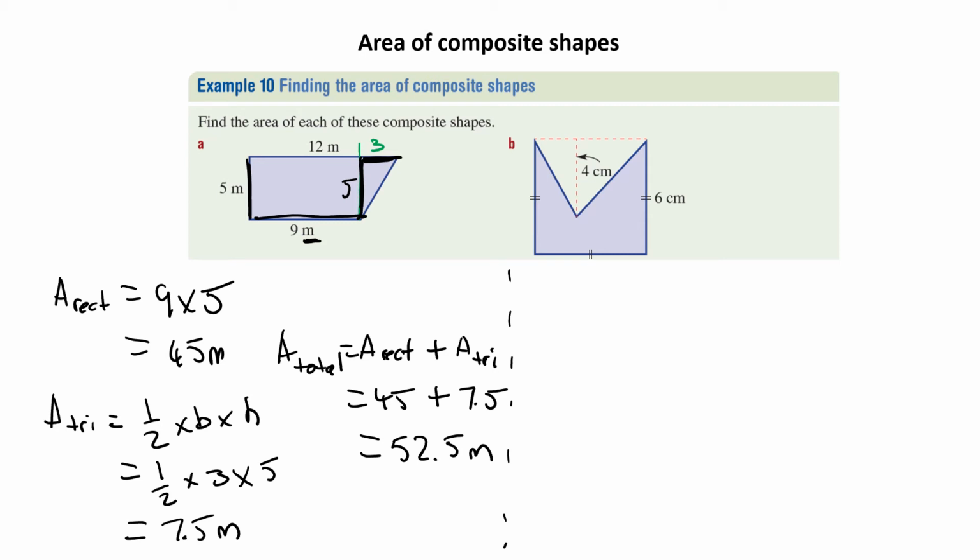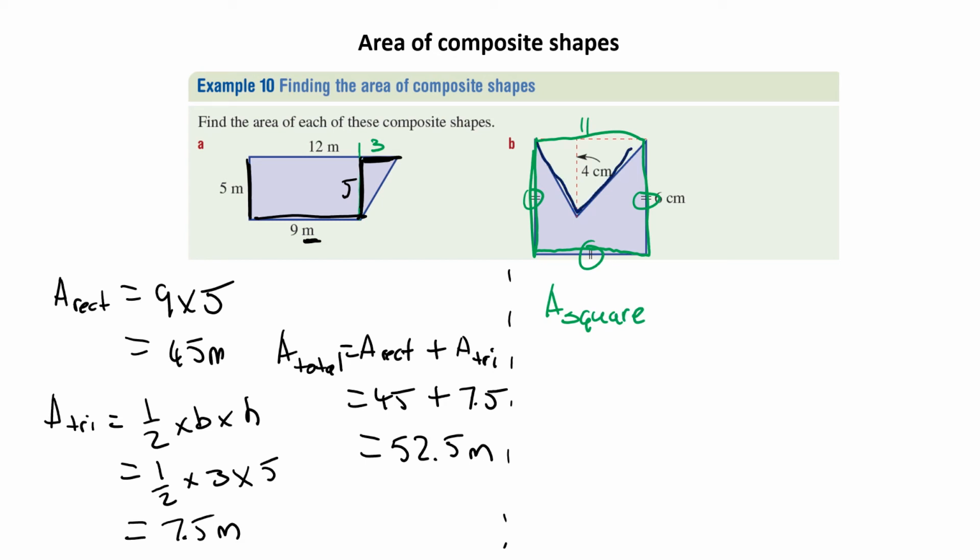In the next example, I would look at this and go, all right, I've got a square, because the square is denoted by these double lines there. So let's call that area of square, and I'll be taking away, so in this case I'm going to subtract.